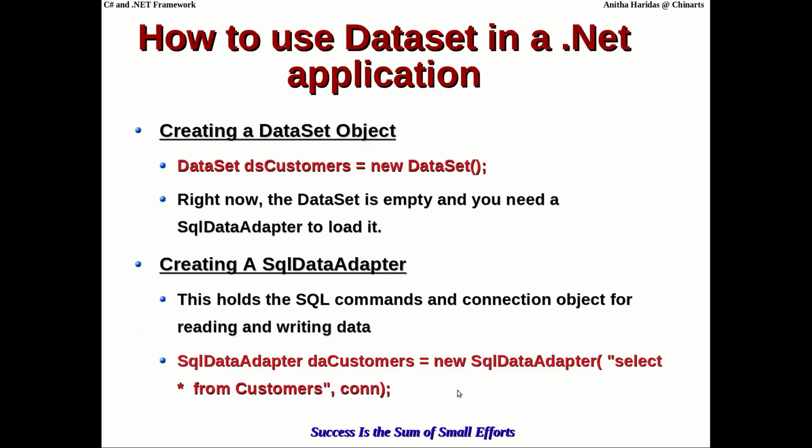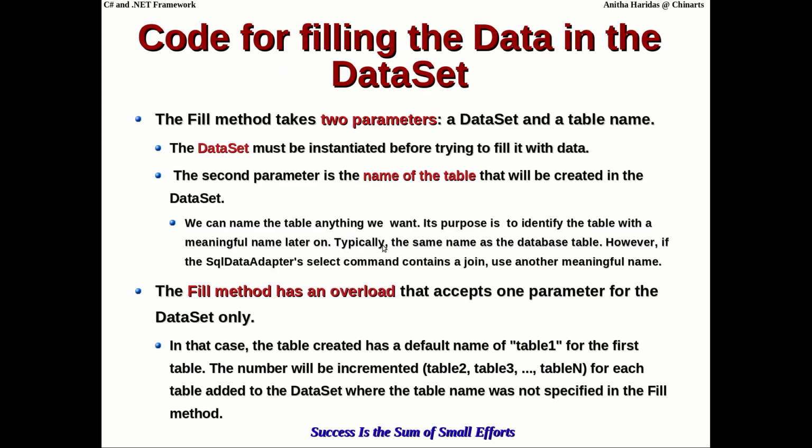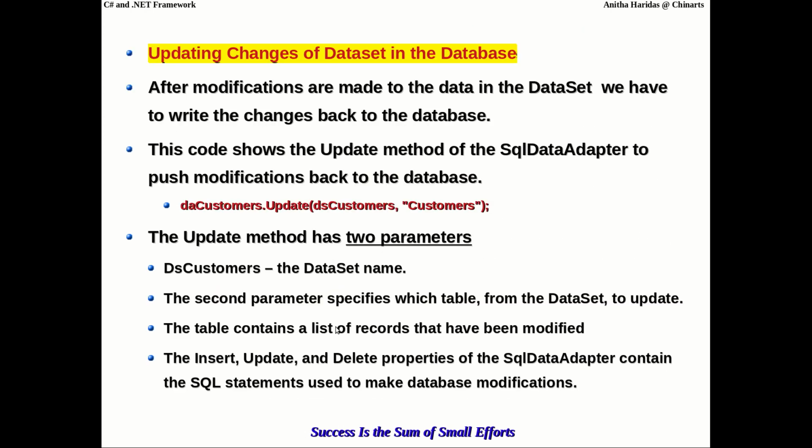We have seen in this diagrammatic representation, when you want to use the update method, the SQL data adapter must specify what kind of updation you are going to do. Whether you are going to insert some records, or update any record that is already available in the database, or delete a record from the database table. This has to be specified as a property in the SQL adapter.